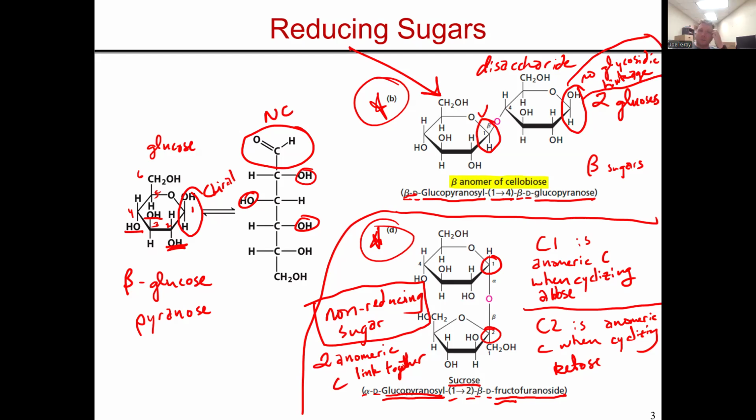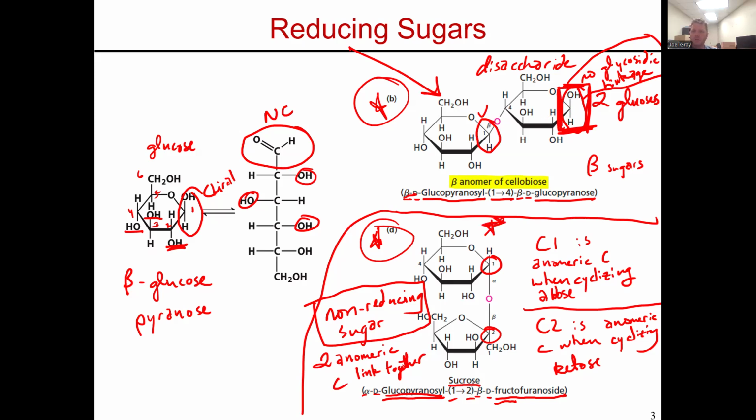So when we talk about disaccharides, they're classified as being reducing or non-reducing. If they have a free anomeric carbon, like what I'm showing you at the top, and what I'm going to underline right here, this is a free anomeric carbon. With this being a free anomeric carbon, this is a reducing end of our sugar.